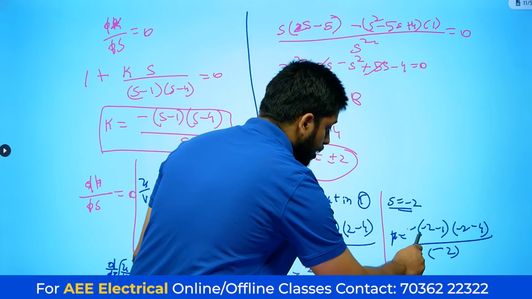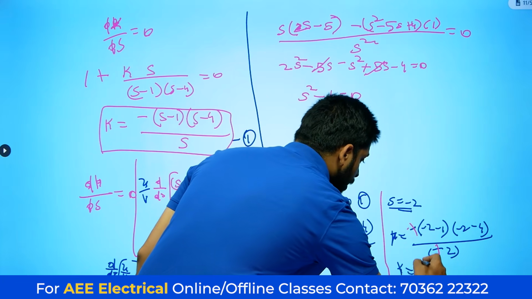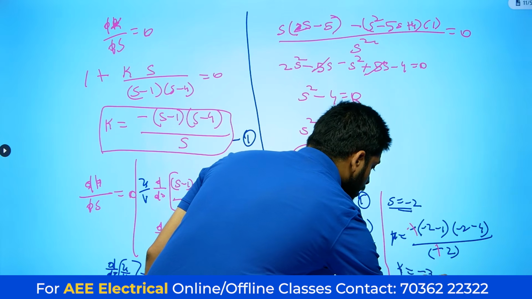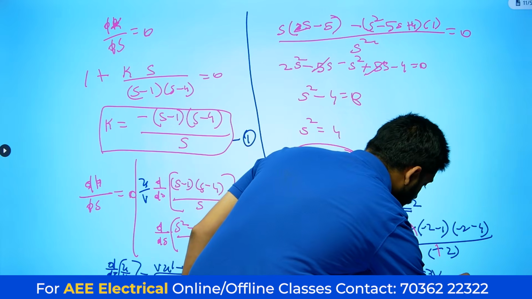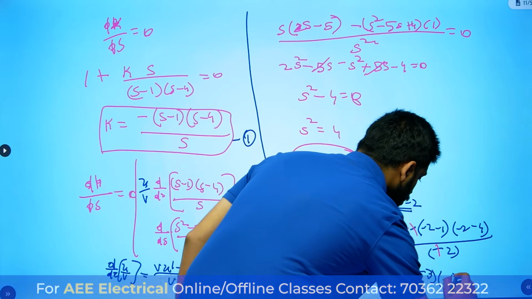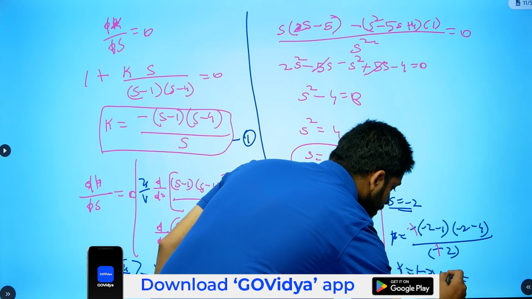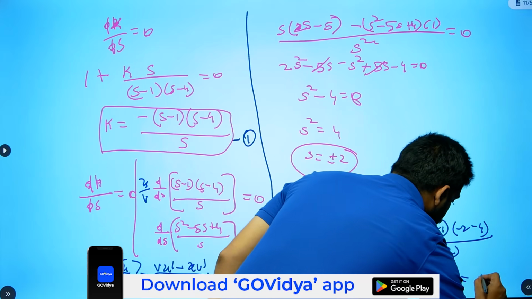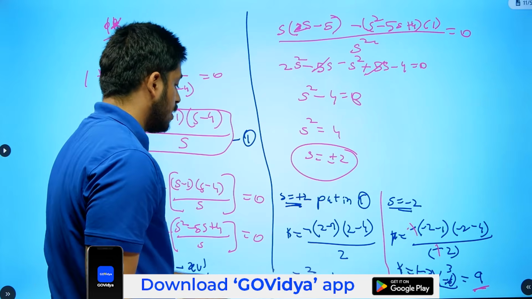Minus gets cancelled, minus 2 minus 1 becomes minus 3, multiplied by minus 2 minus 4, which is minus 6, divided by 2, and minus 3 into minus 3 becomes 9. So for one breakpoint I get 9, for another breakpoint I get 1.